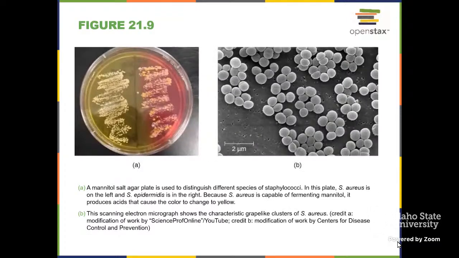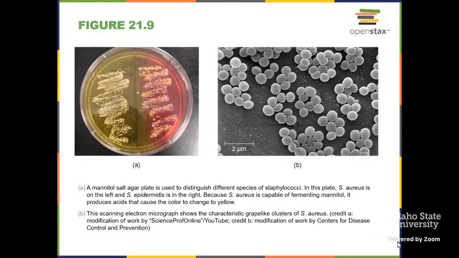Okay, so here's some Staphylococcus. We have seen some of these, probably both of these bacteria growing on some MSA. I'm pretty sure you have. So the mannitol salt agar initially is red. And then if the bacteria has the potential to ferment the sugar mannitol, it turns the medium yellow.